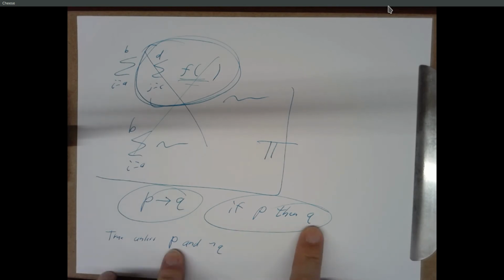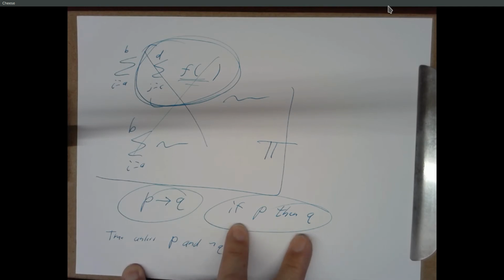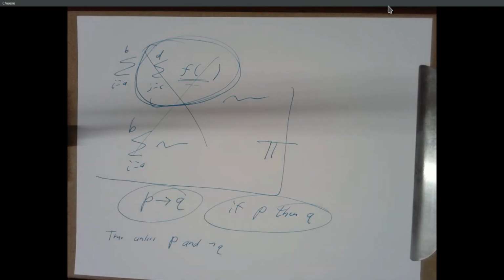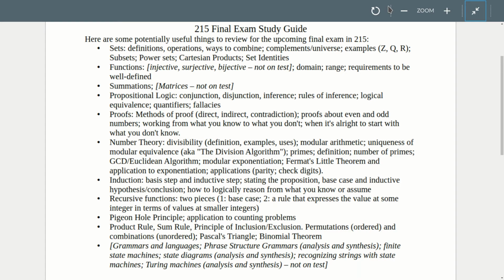Well, if it turns out that today is Friday and x is not equal to 12, then this if-then statement is false. Because it says if P, then Q, and if P is true and Q is not true, this is clearly false. But that's the only case in which this is false. Which means if P is false, this is still a true proposition. So it's the if-false-then-anything kind of thing.